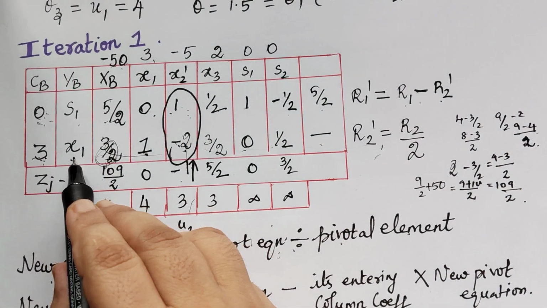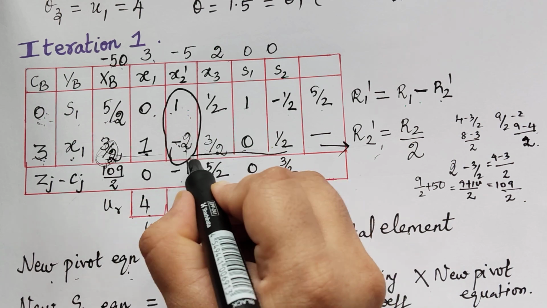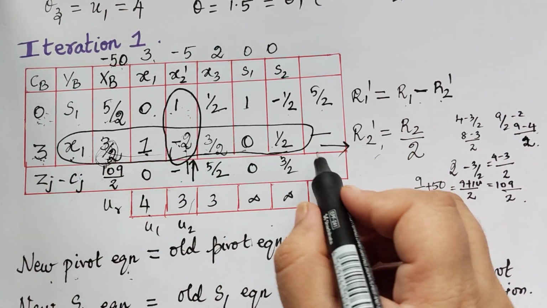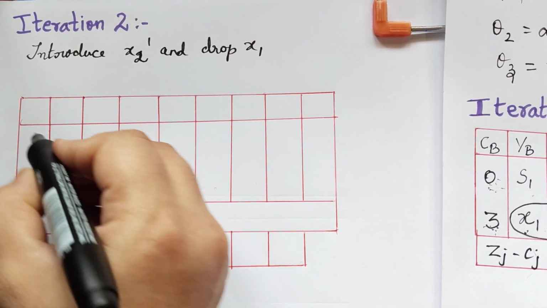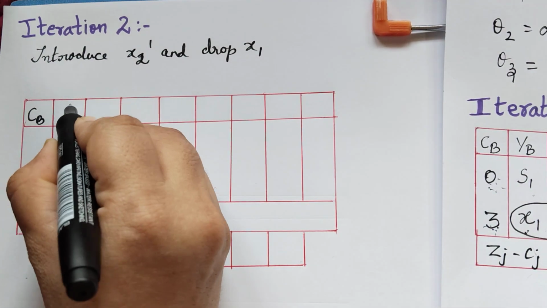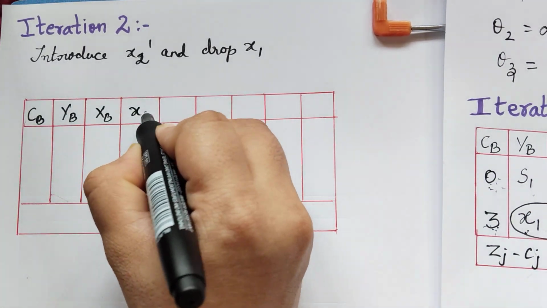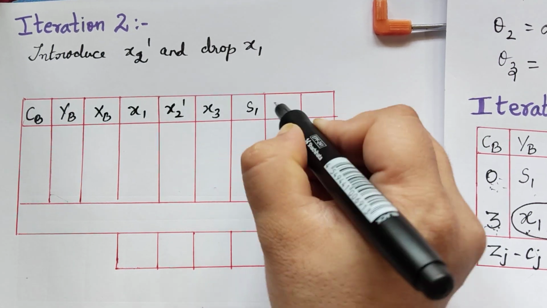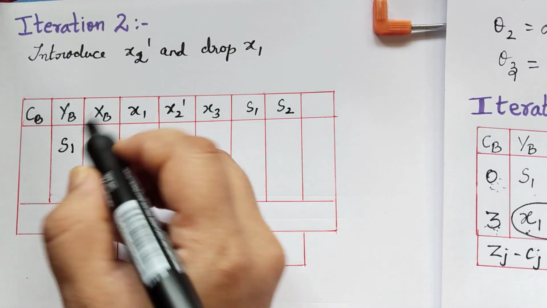So this x1 vector leaves the table, and so we have to perform the same operation for this x1 now, because x1 leaves the table. So now we have to perform the next iteration, where we write cb, yb, and then xb, and then x1, x2 dash, and x3, s1, s2. First we will write yb, that is s1 remains as it is.